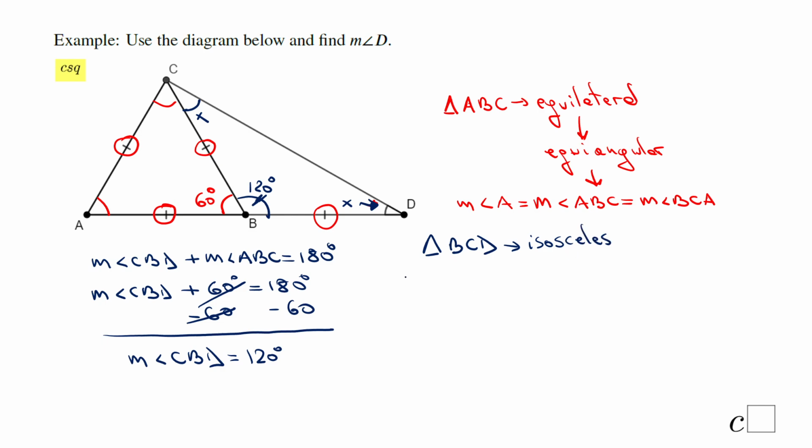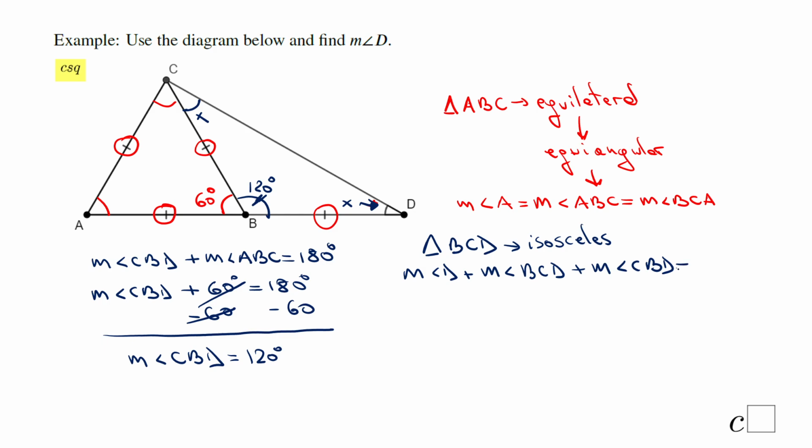So I'm going to write here a statement very similar to what I did before. We're going to have the measure of angle D, the one we need to find out, plus the measure of angle, I'm not going to call it just C, we need to use three letters, BCD, plus the measure of angle CBD, the one we just found out.